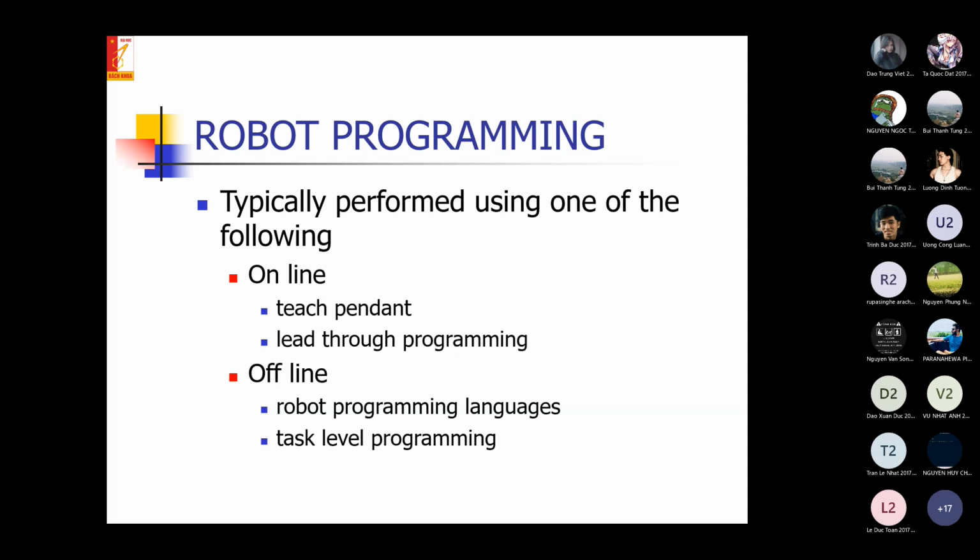And with offline programming, it's by using the programming language of each company. This means the kind of robots. And another one is task-level programming.